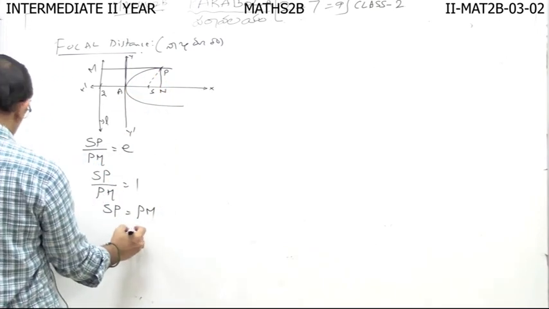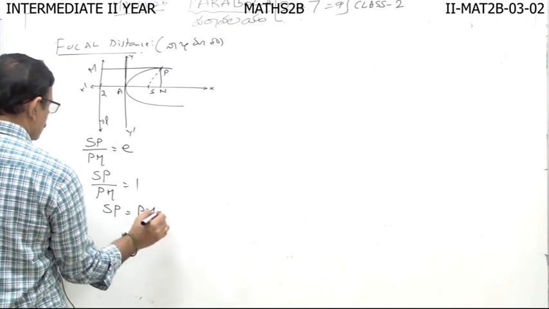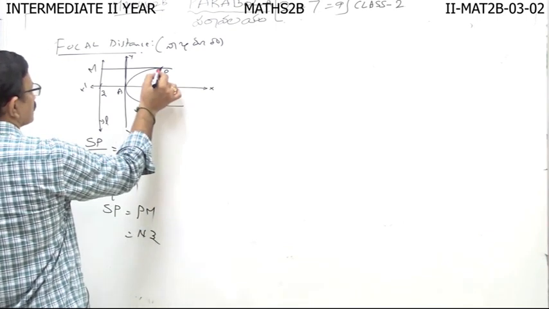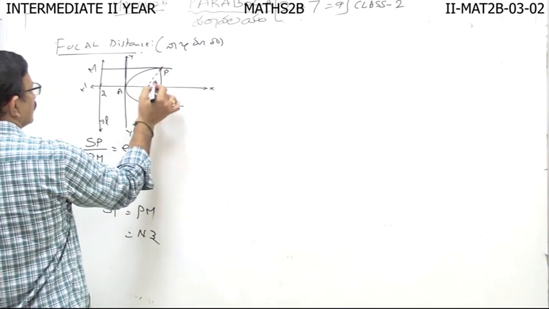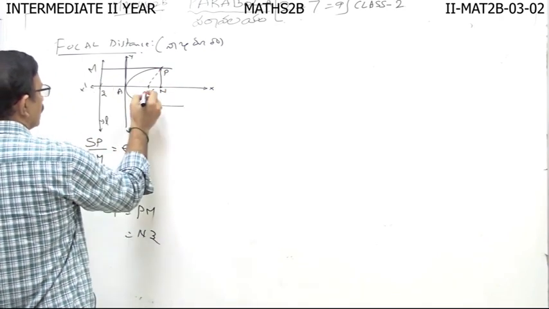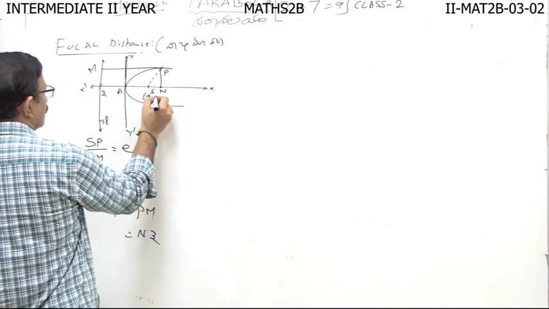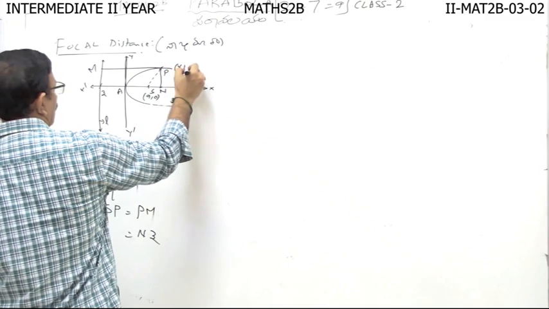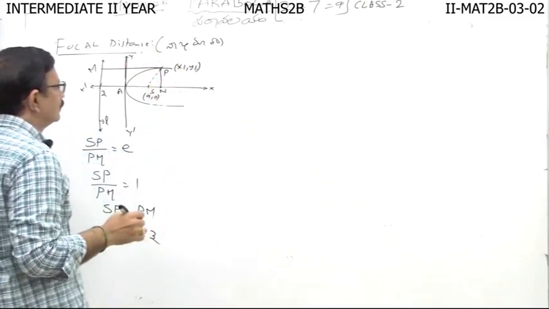So now this PM we can write down as NZ. See the figure here. This is PM, this is N and this is Z. And here we know the coordinates of S as (a, 0). Let us take the coordinates of P as (x1, y1).